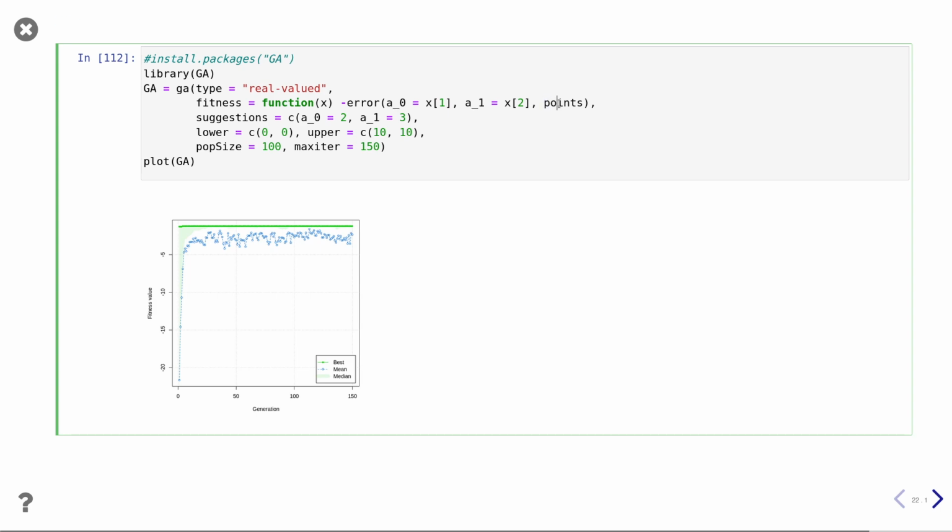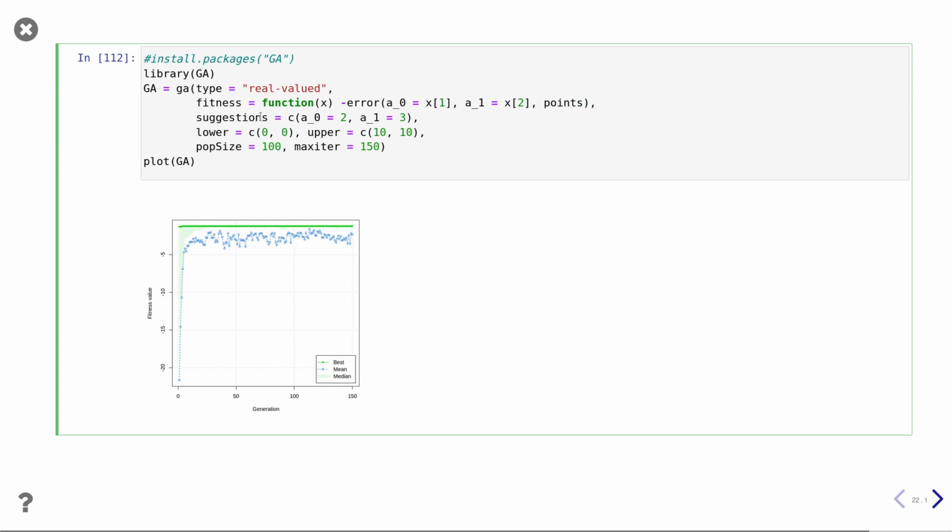And I don't care about points. So I'm not saying x of points or something like this. I'm just indicating that these 2 things are the things that change, and that one doesn't. If my error function had a single argument, if it was a function of just x, a scalar x, then I wouldn't have to do this. But for any function of more than 1 variable, you have to do something like this. Just remember that this is how it works.